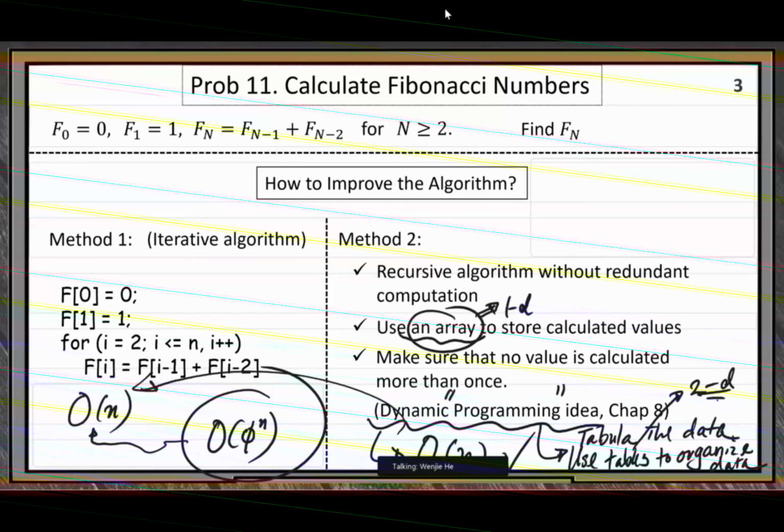So 1D, 2D, 3D, any number of dimensions, can we call them all tables? Yeah, it's okay. We can generalize the meaning of table. So any data structure we use to organize data, we can call a table. That's the special meaning of table here.